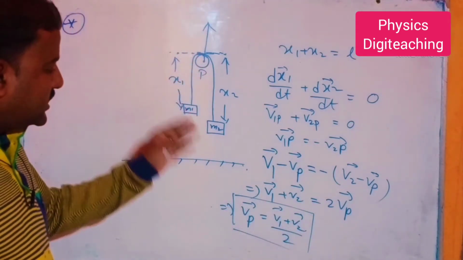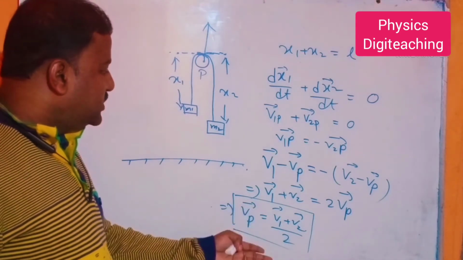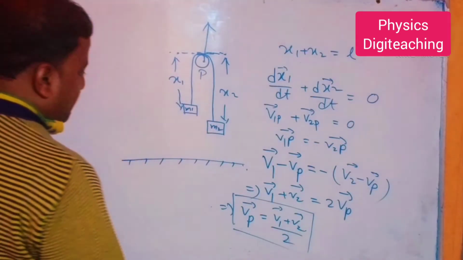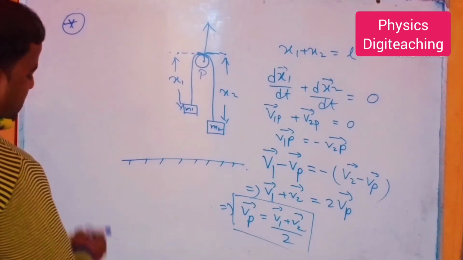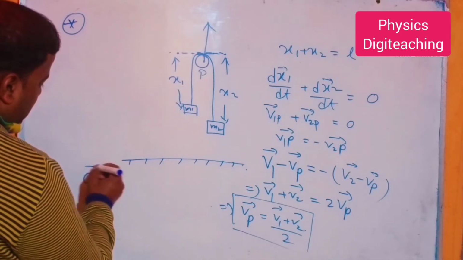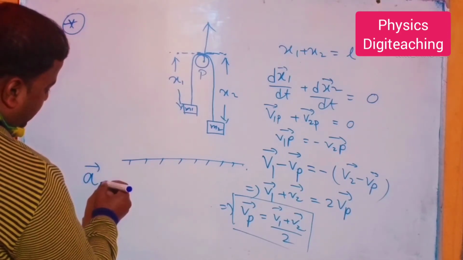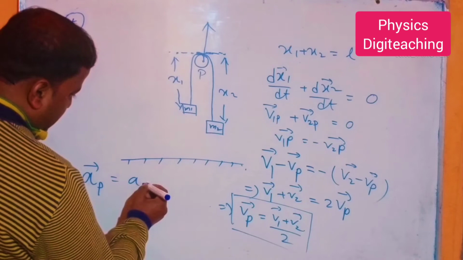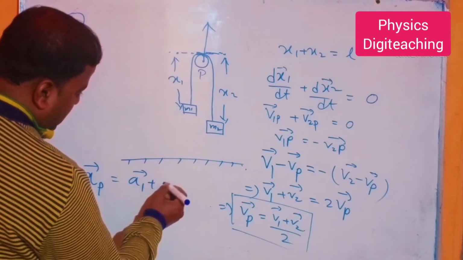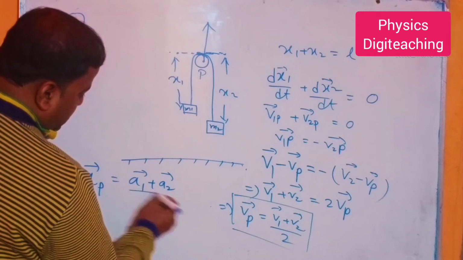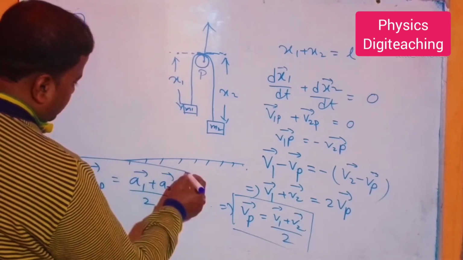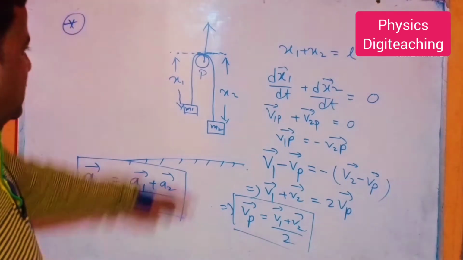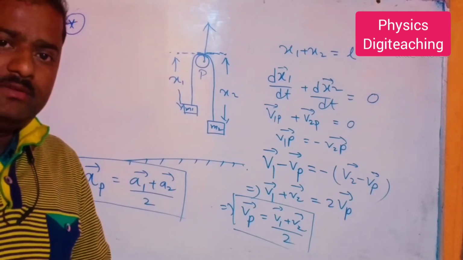If the pulley is fixed, then we put vp equal to 0, then v1 plus v2 equals 0. Similarly, we get the acceleration of the pulley equal to (a1 plus a2) by 2, where a1 is the acceleration of mass m1 and a2 the acceleration of mass m2. This is the velocity and acceleration relation of a pulley system.